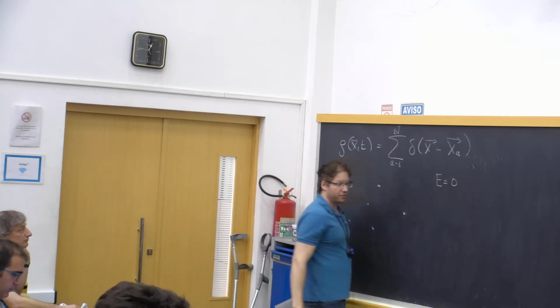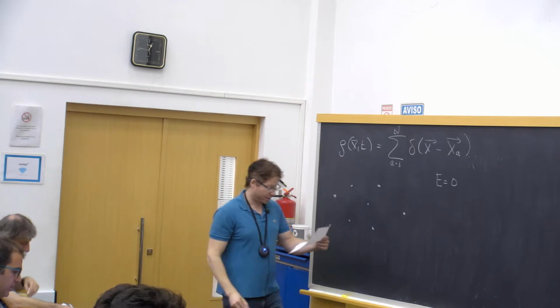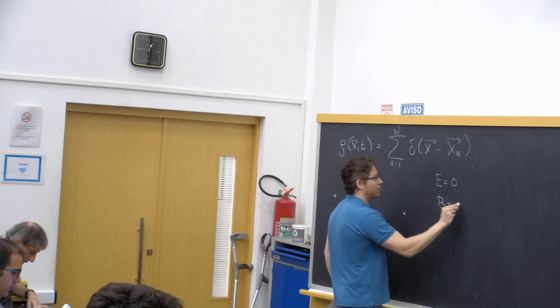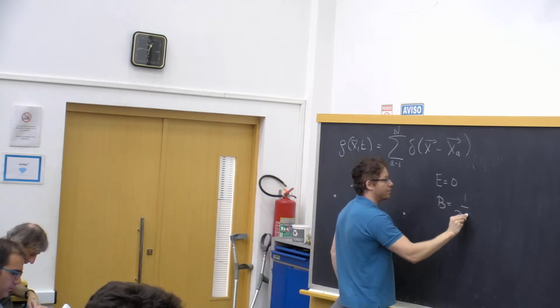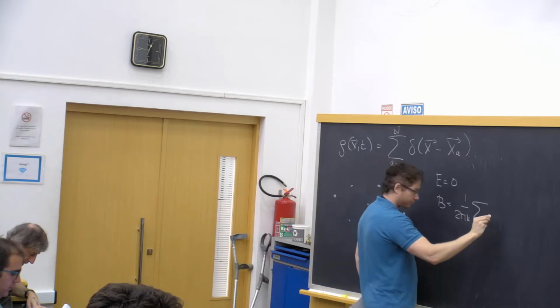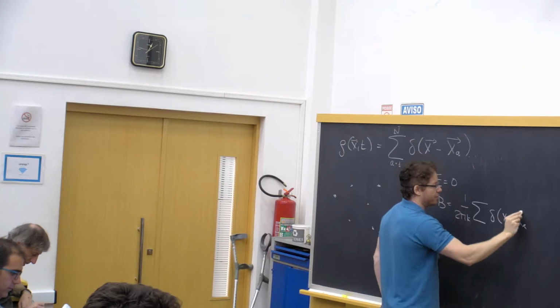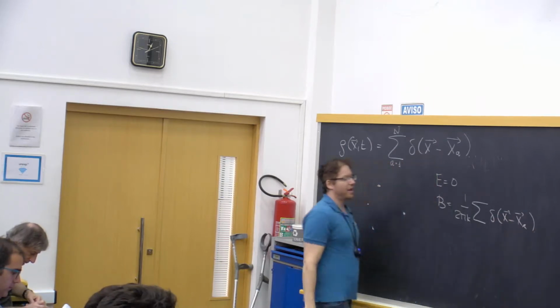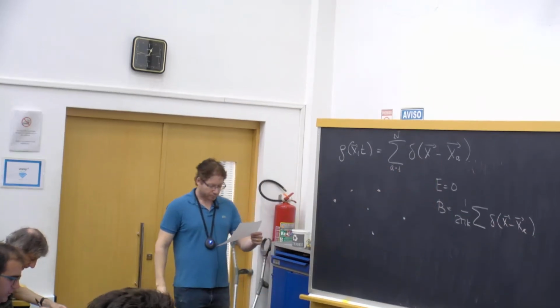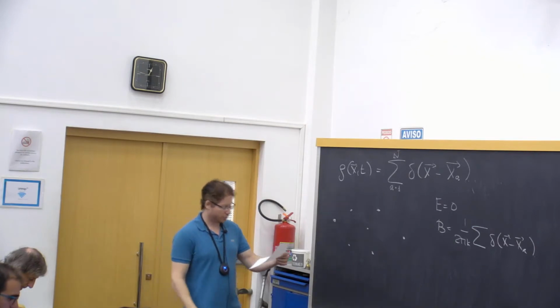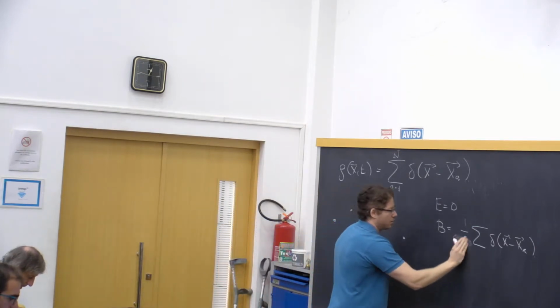But the magnetic field does not vanish. What is the expression for the magnetic field? The magnetic field is going to be 1 over 2 pi k, sum, I'm just copying, of delta x minus xa. It's time independent. Oh, 2 pi is wrong. 2 pi over k.